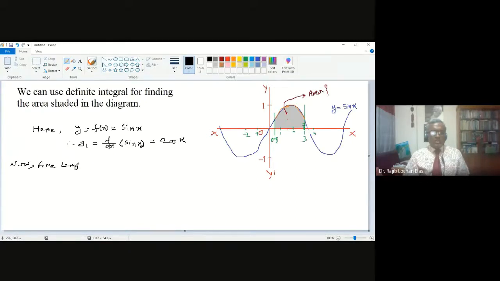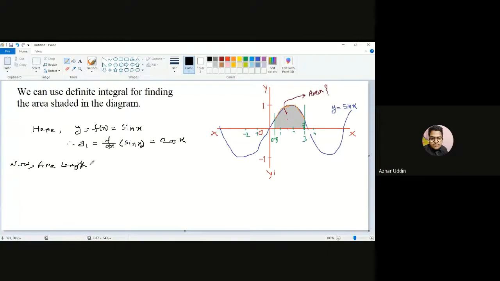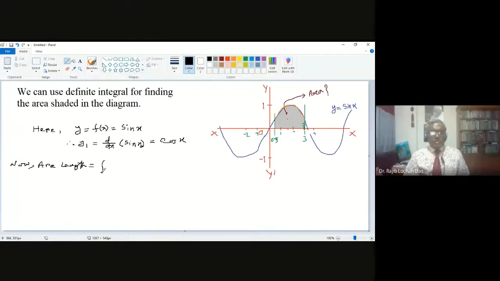It is integration from 0.5 to 3 of root over 1 plus y1 square. So y1 here is cos x. So you will write cos x square, then dx. Then it is actually cos square x, right?